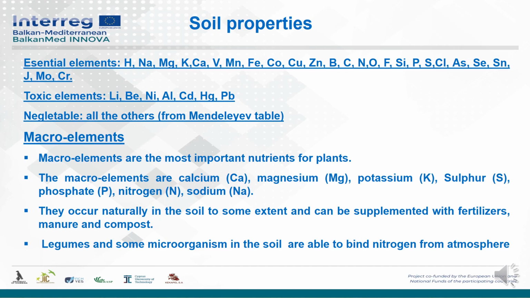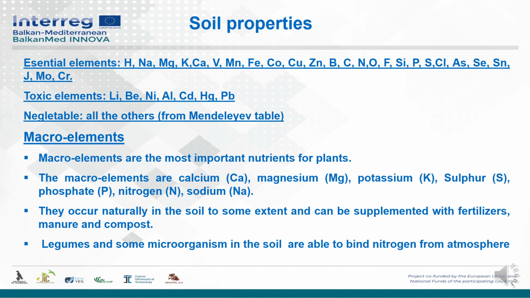The elements that are minerals that can be taken up by the plants are grouped into two big groups: macro elements and micro elements. Macro elements are the most important nutrients for the plants.